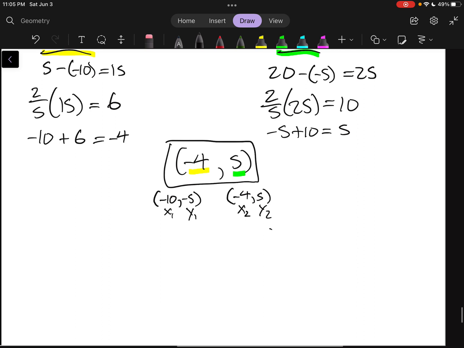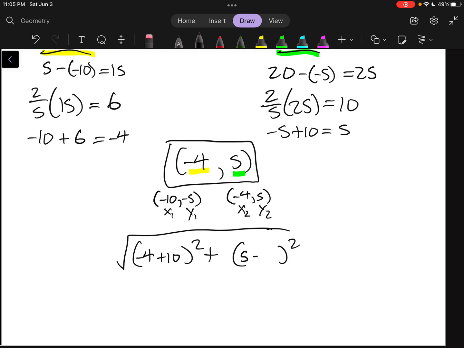So now let's do the distance formula, because I need to find the actual length of this thing. So x2 minus x1, that's -4 minus -10, that's -4 plus 10. And then y2 minus y1, 5 minus -5, 5 plus 5.